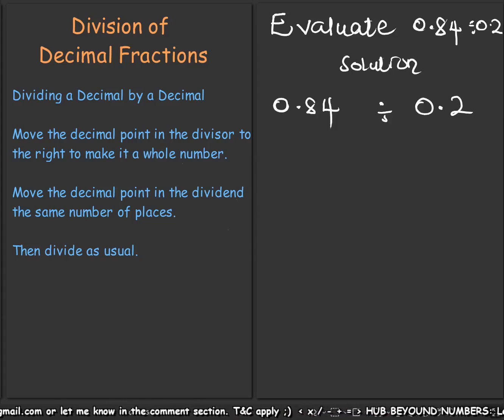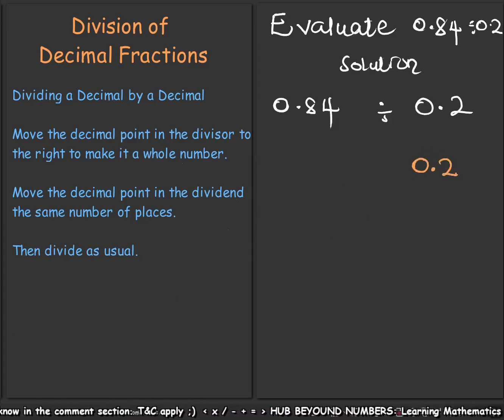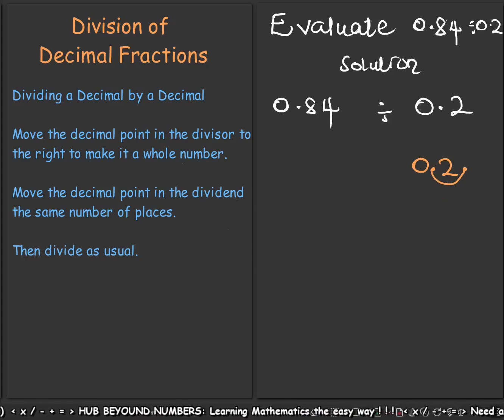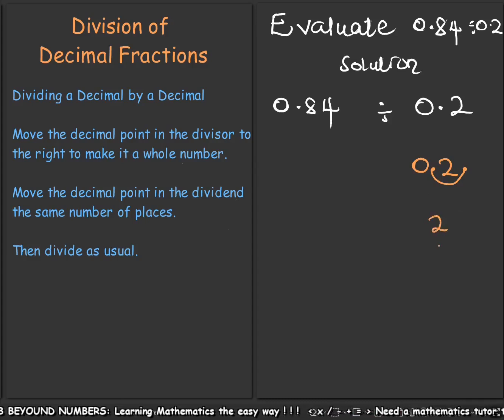So looking at what we have here, this is the divisor, and we want to move it once. If I move it once, then my decimal point leaves, and it becomes just a 2. And it says whatever you do for the divisor, do the same for the dividend.